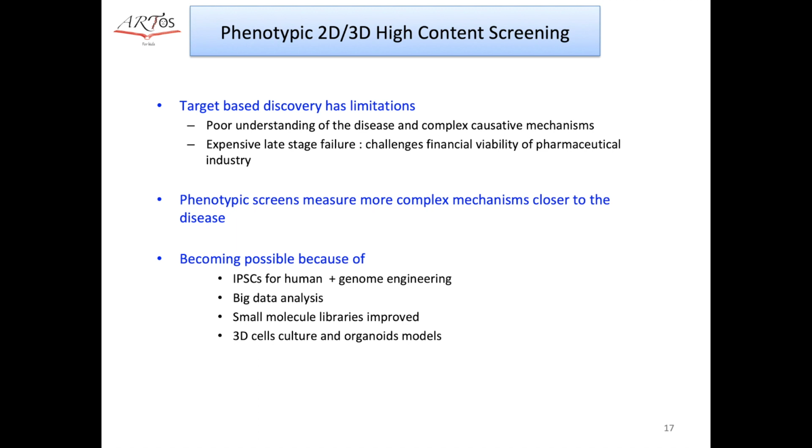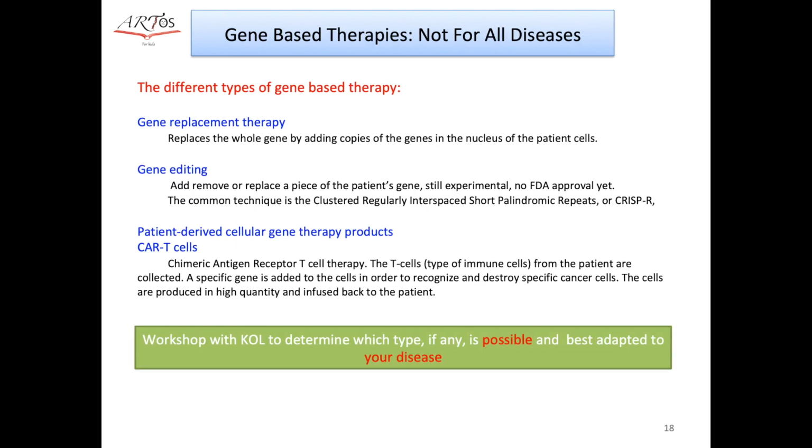Phenotypic screens measure more complex mechanisms, so closer to the disease. They became possible thanks to the iPSC, which is induced pluripotent stem cells for humans, and the genome engineering combining those two, and thanks to big data analysis and small molecule library improvement, and now even more promising with the 3D cell culture and organoid models.